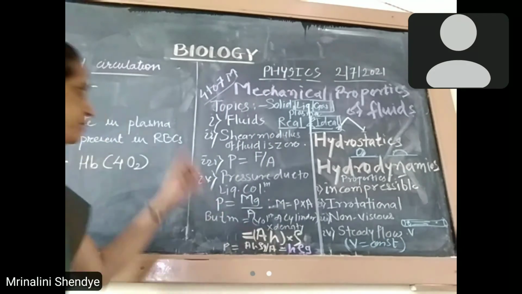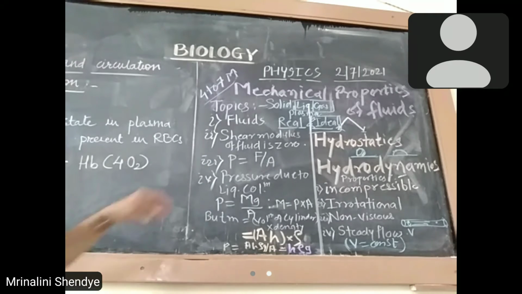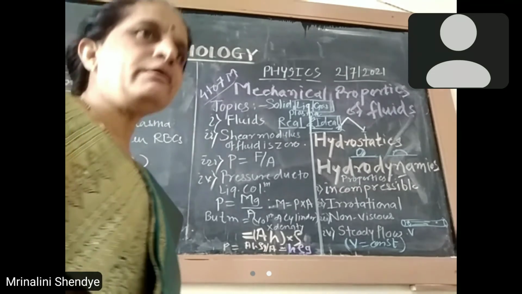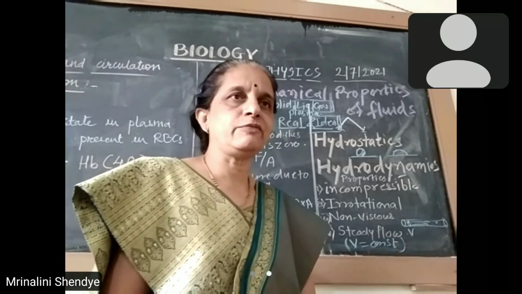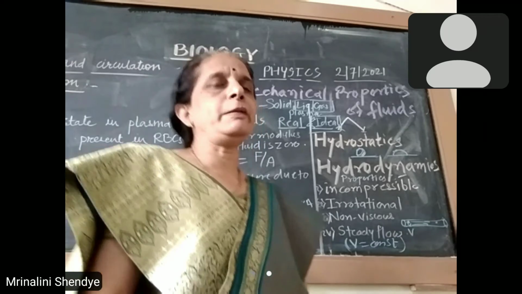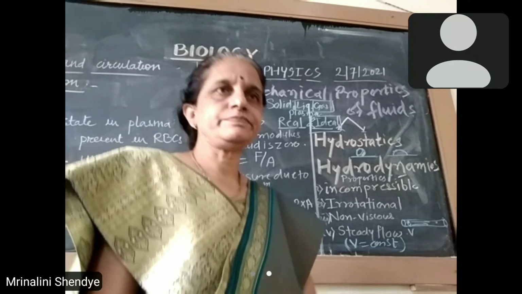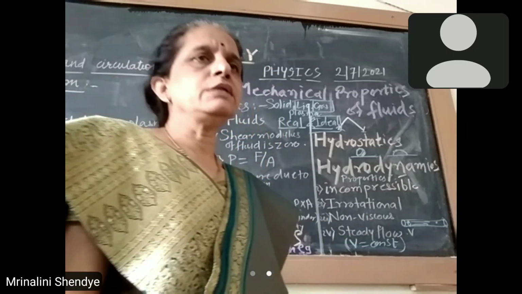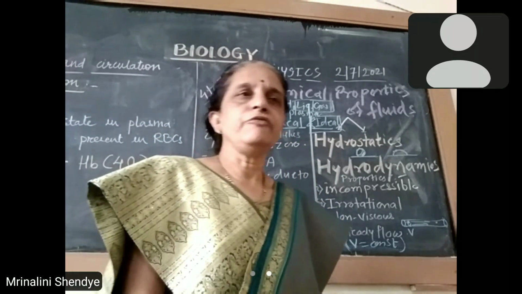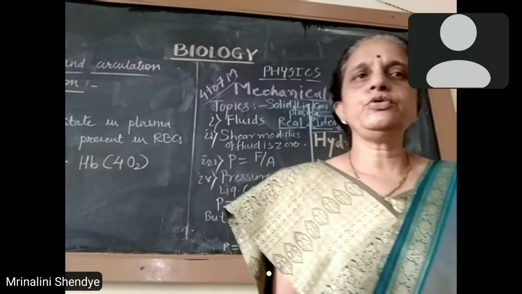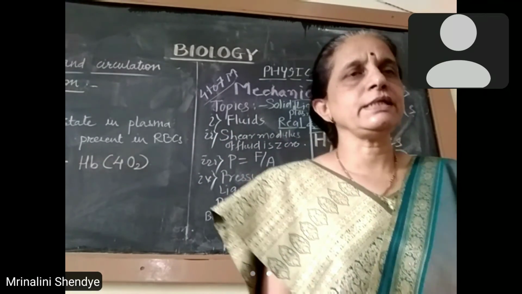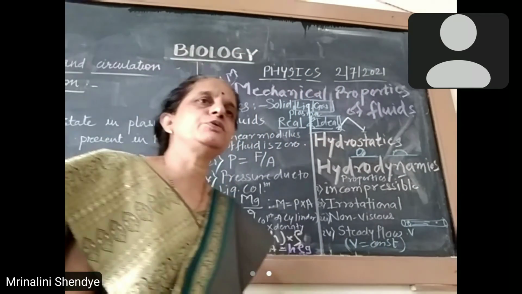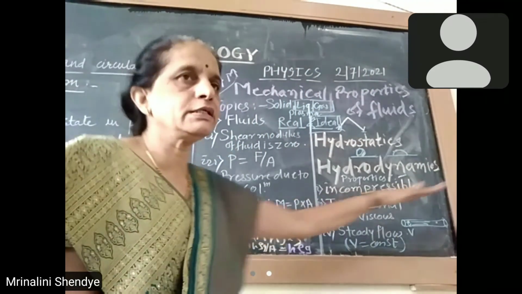At any point, the properties of that liquid must be constant. Secondly, we have to find out the pressure applied on any type of body. You have also seen that if we consider a water surface and place some objects on it, we have also studied that heavy particles go inside the water. If I place a light particle on the water surface, you will observe that it stays on the surface of the water.